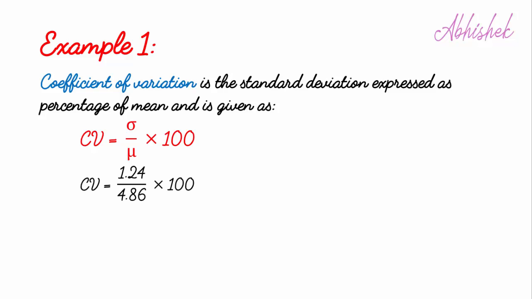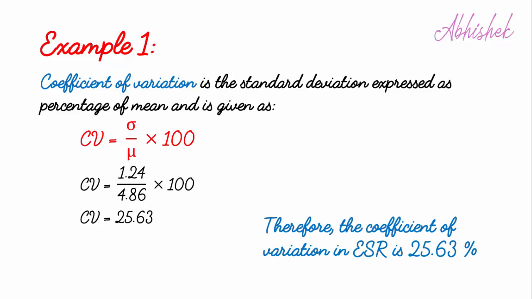In this case, if you put in the values which we have got, that is 1.24, that is the standard deviation, divided by 4.86, that is our mean, into 100, we get 25.63, and therefore the CV is 25.63%. The point to be noted is CV is measured as a percentage.